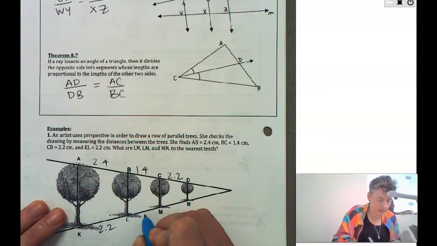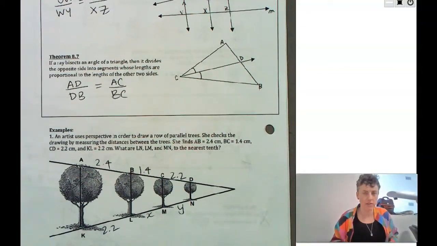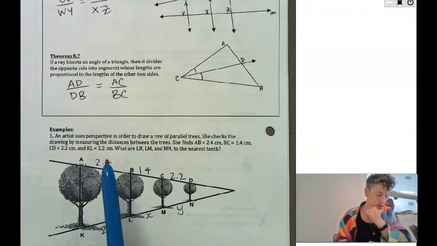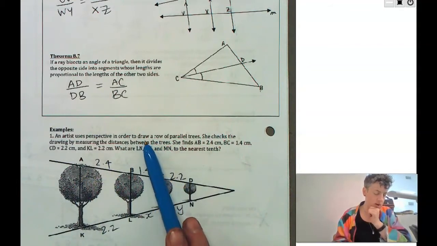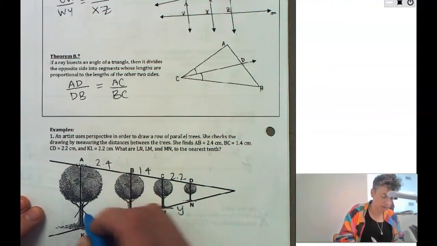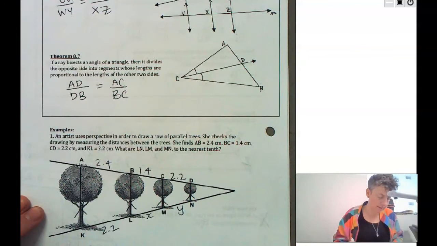So for funsies, I'm going to call this one X and that one Y. And let's set up a nice long proportion here. We are assuming these lines are parallel. Parallel, parallel, parallel. Let's set up our proportion.